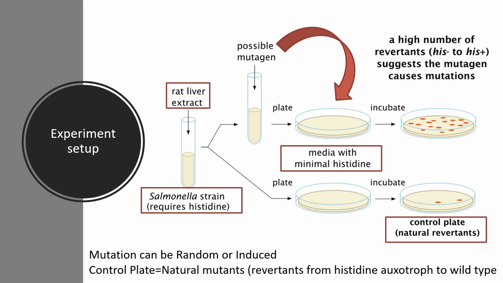But if the test compound is mutagenic, it will induce a large amount of mutation in the test organism, that is in the Salmonella Typhimurium culture, and you will obtain a high number of colonies, which will indicate a really high number of revertants. So, if the number of colonies on the test plate is more compared to the control plate, you can conclude that the test compound is actually a mutagen.